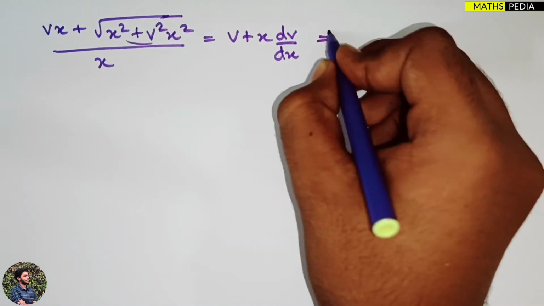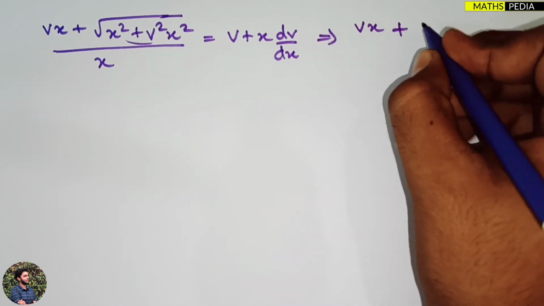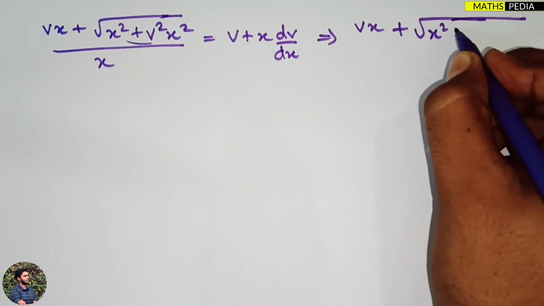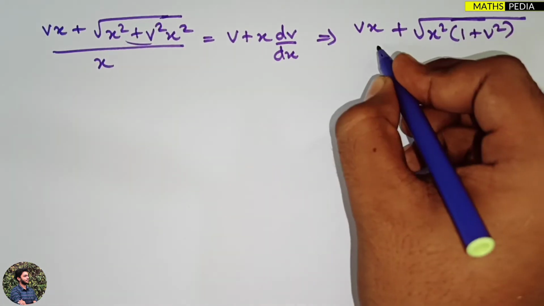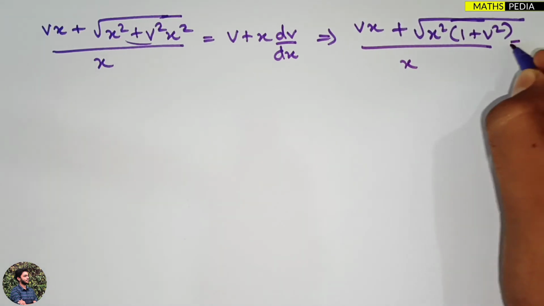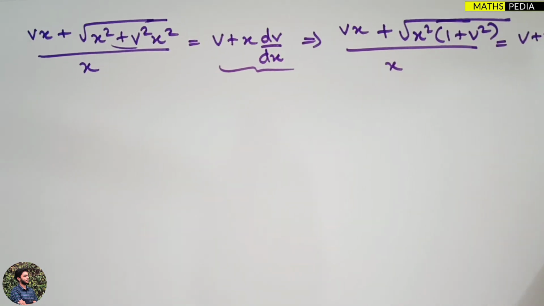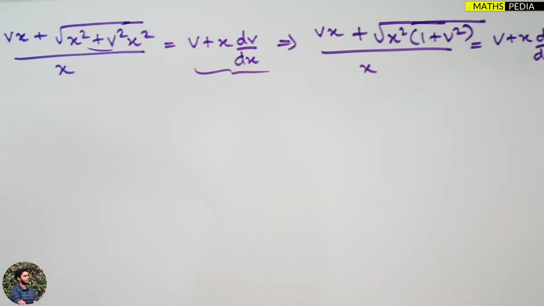So LHS part I am simplifying: Vx plus, x square I can take outside, so it will be 1 plus v square, whole thing divided by x, equal to the same thing on the RHS side, v plus x into dv by dx.